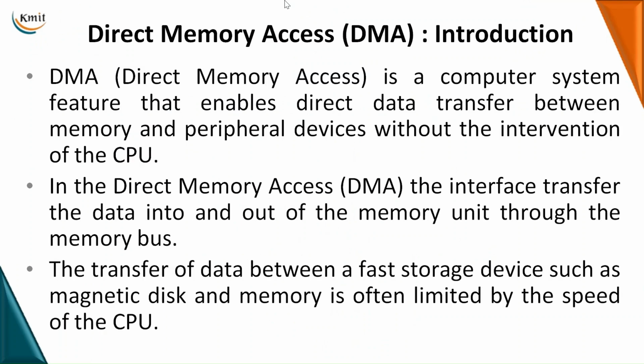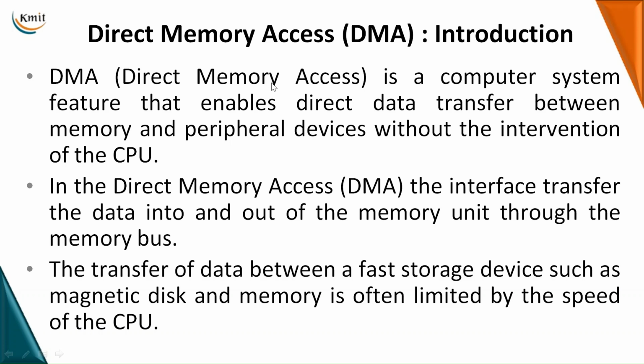So coming to the introduction, direct memory access or DMA is a feature of a computer system that enables data transfer between the peripheral devices and the memory unit of a computer directly, without the intervention of the CPU.